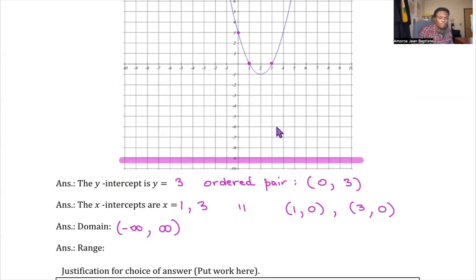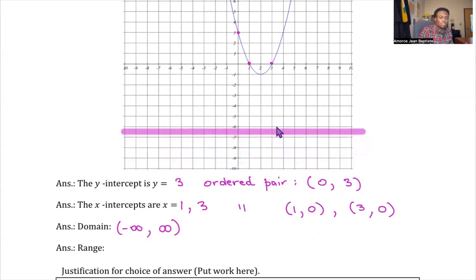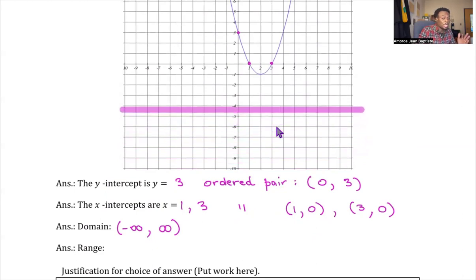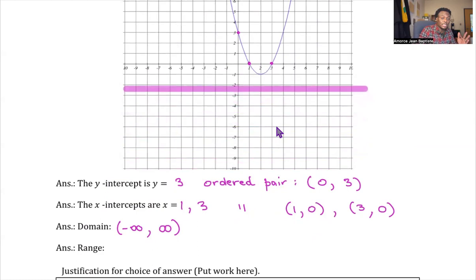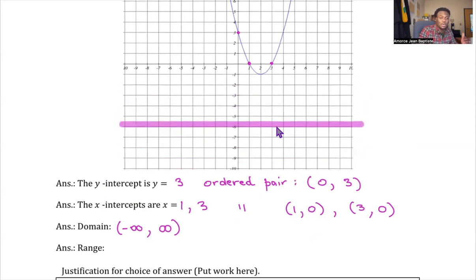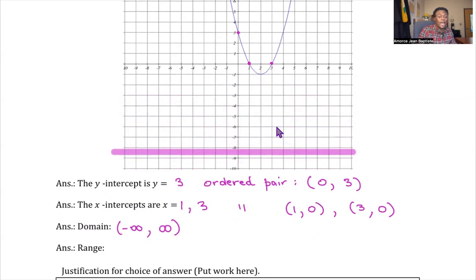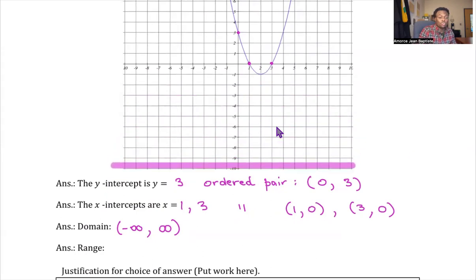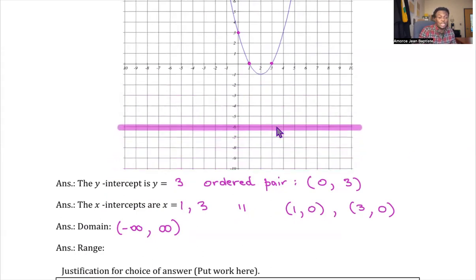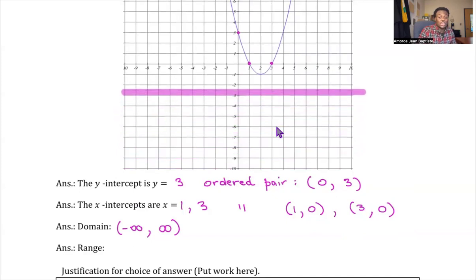See, I'm going from the bottom. I'm moving here. I'm not touching any part of the curve yet. So all of these values here will not have any x values that would give you these outputs, because the graph does not go all the way down here.